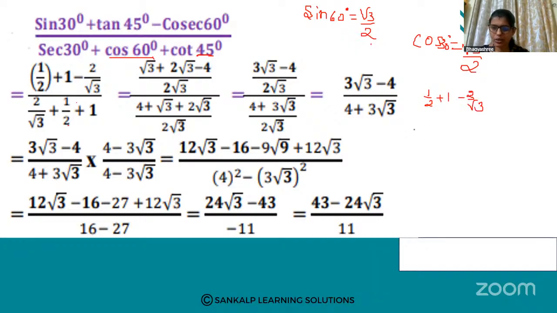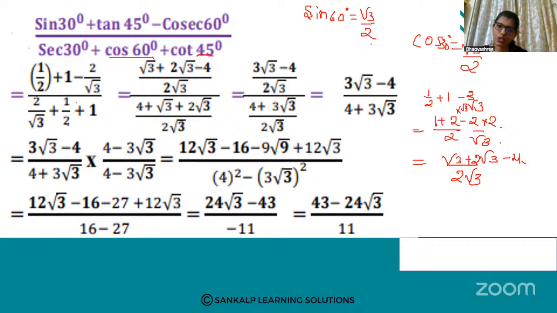1 by 2 plus 1 minus 2 by root 3. So the LCM here is 2 into root 3. 2 into 1, 1 plus 2 minus 2 by root 3, right? Next, 2 into root 3. Here root 3 is not there, so we'll multiply by root 3. Here 2 is not there, so we'll multiply by 2. 1 plus root 3 into 1, that is root 3, plus 2 root 3, 2 into 2, 4.